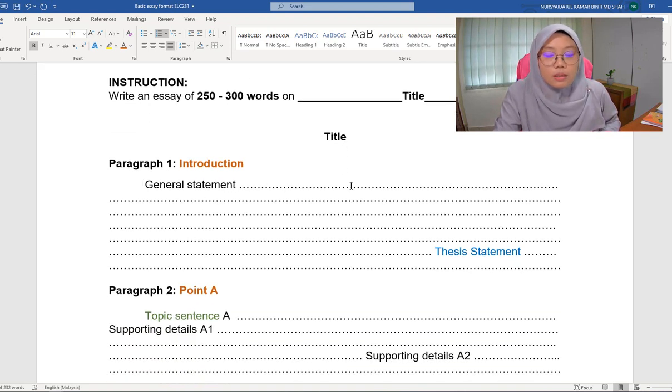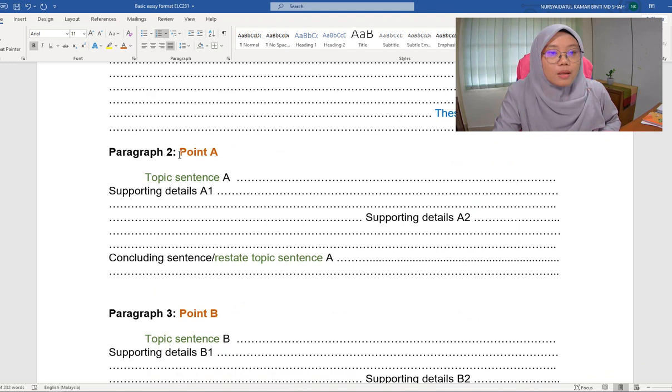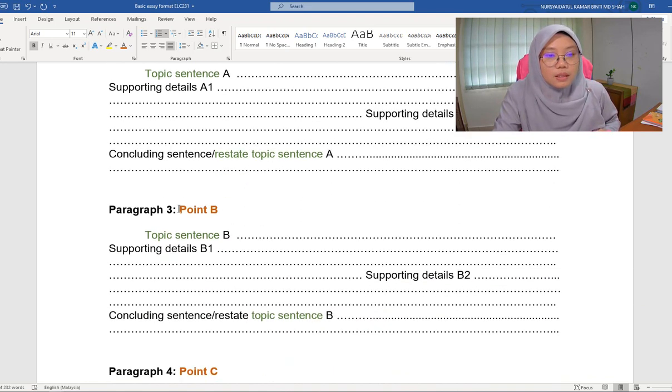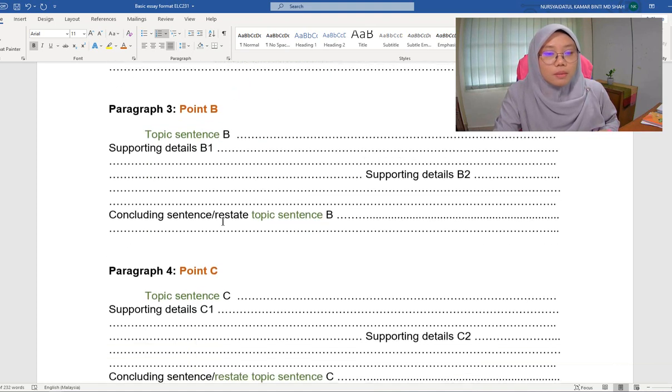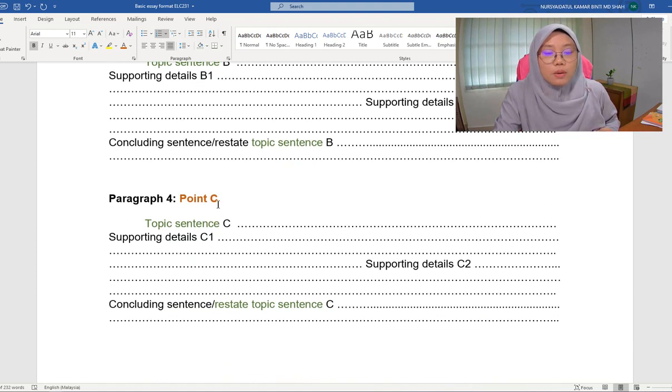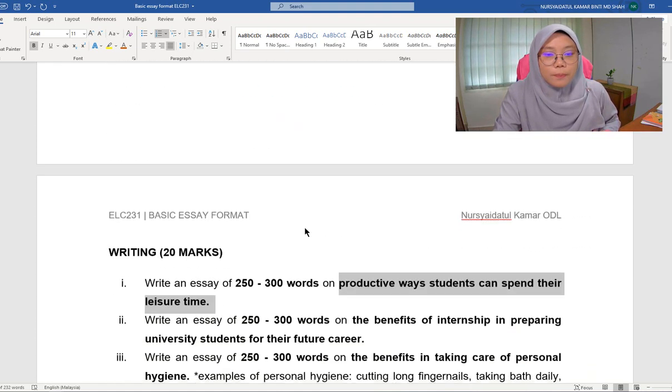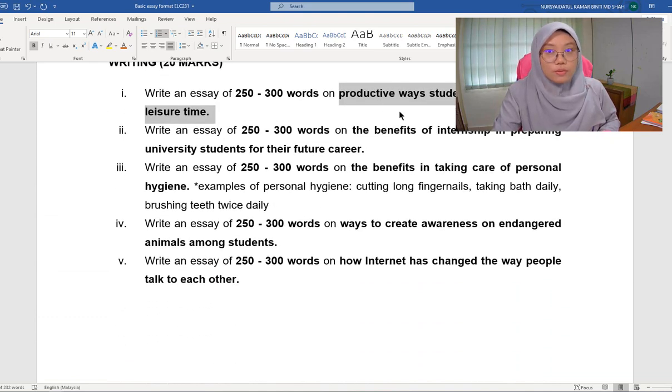So a general statement, what is leisure time, what is students, you give definition, and then followed by your thesis statement. And then point A, so the first way to spend your leisure time, and then the second way, and the third way to spend your leisure time. Okay? Productive ways for students to spend their leisure time.